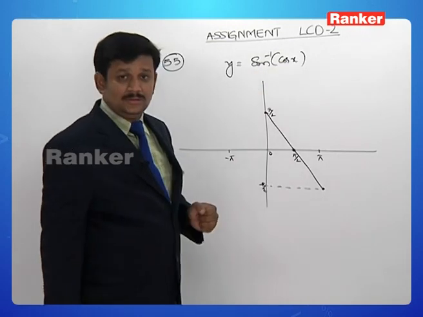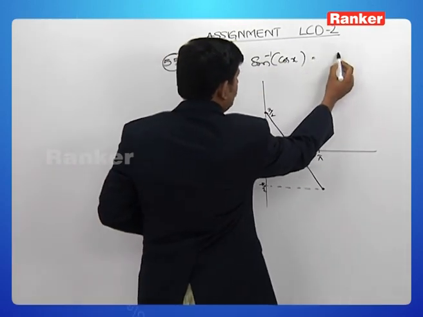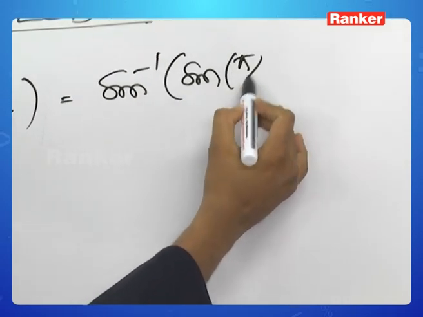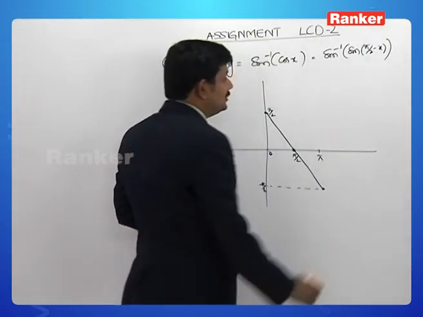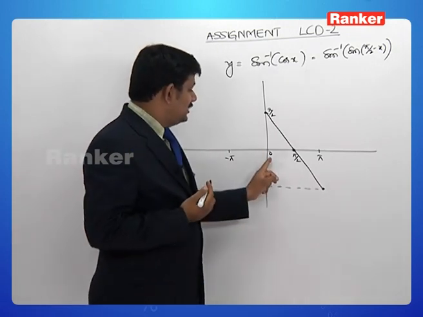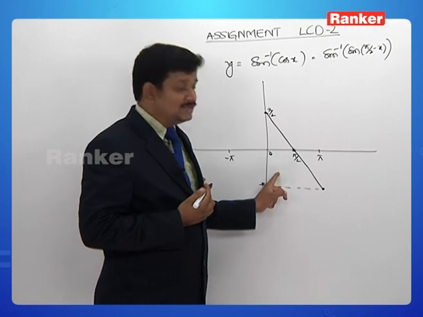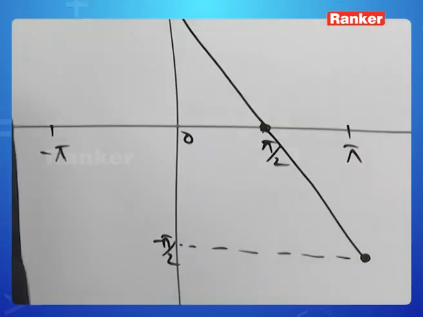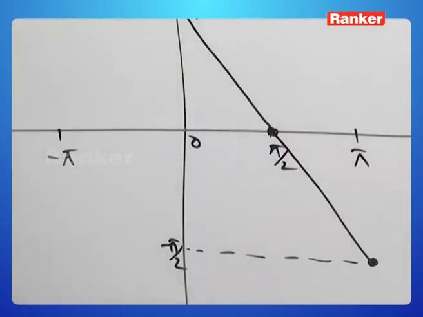Cos of x, we can write it as sine of pi by 2 minus x. Sine 90 minus theta is cos theta. And when x lies between 0 to pi, pi by 2 minus x lies between minus pi by 2 to pi by 2.